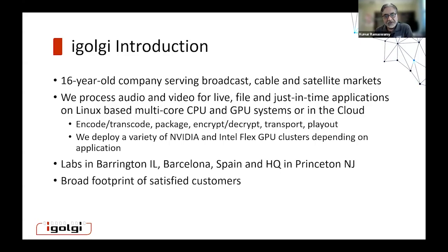And increasingly over the last 5 or 6 years, we have moved them to GPUs, both Intel and NVIDIA GPUs. So we do a variety of encode, packaging, encryption, transport layer, playout, and more increasingly, a lot of this is being done on NVIDIA and Intel GPU clusters.